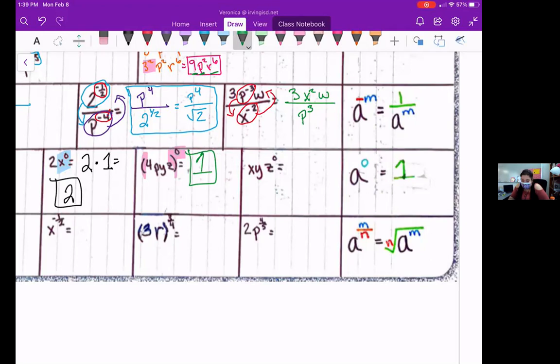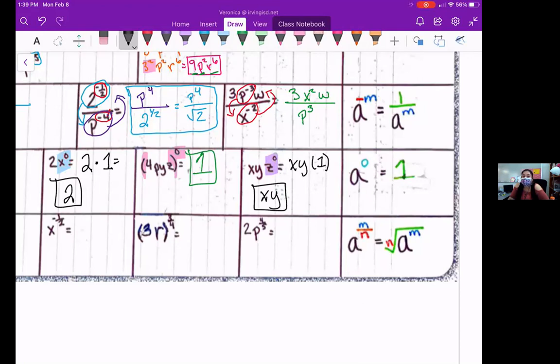What's the difference between the one we just did and the one we're doing now? So who has the power of 0 then? Just the z. So the only base that has the power of 0 is this one. So we have x, y, and then that z to the power of 0 is now 1. So our answer would be x, y. So basically any base that has a power of 0 is just 1. That is the rule. That's the law of exponents.